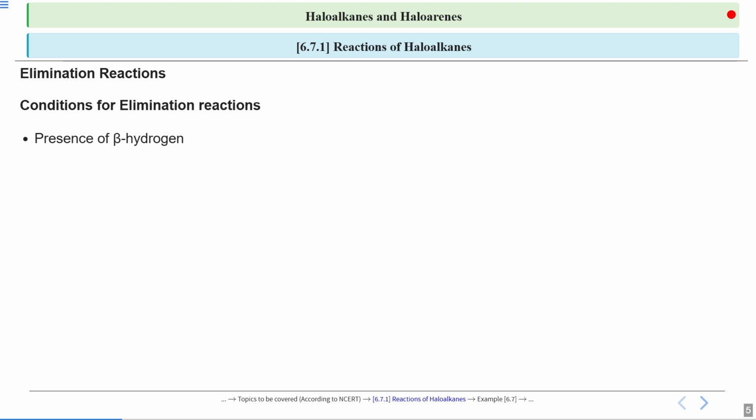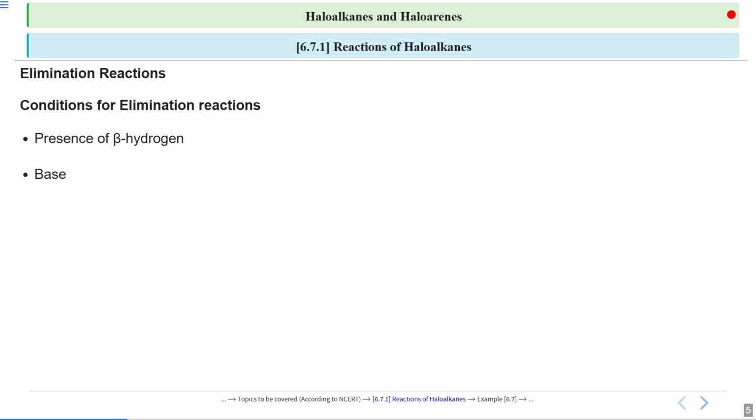Beta hydrogen corresponds to the hydrogen which is present at the adjacent carbon, adjacent to the carbon that is actually attached to the functional group, which you can say is the carbocation carbon. If there is any hydrogen present on that adjacent carbon, that is considered as beta hydrogen. So there should be the presence of beta hydrogen.